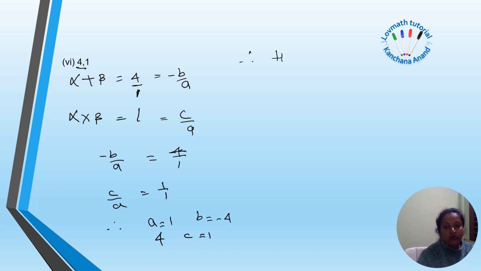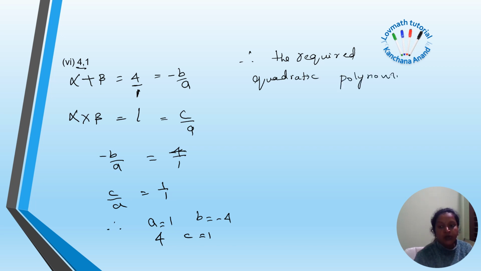Therefore the required quadratic polynomial is x square minus 4x plus 1 is equal to 0.